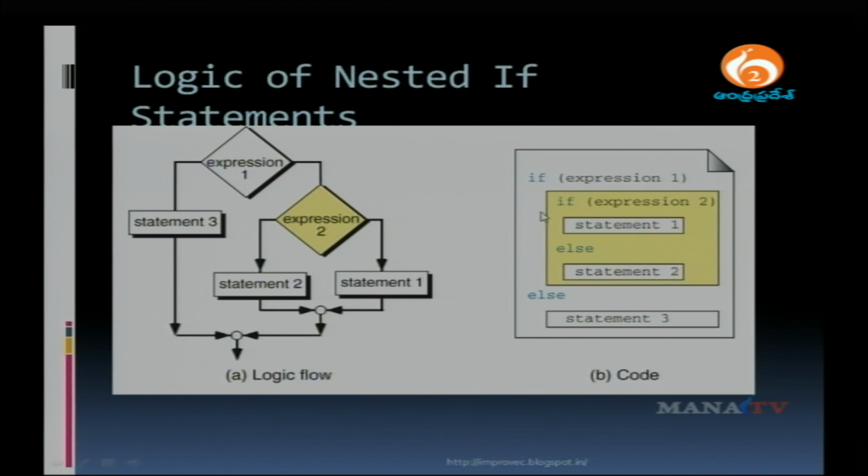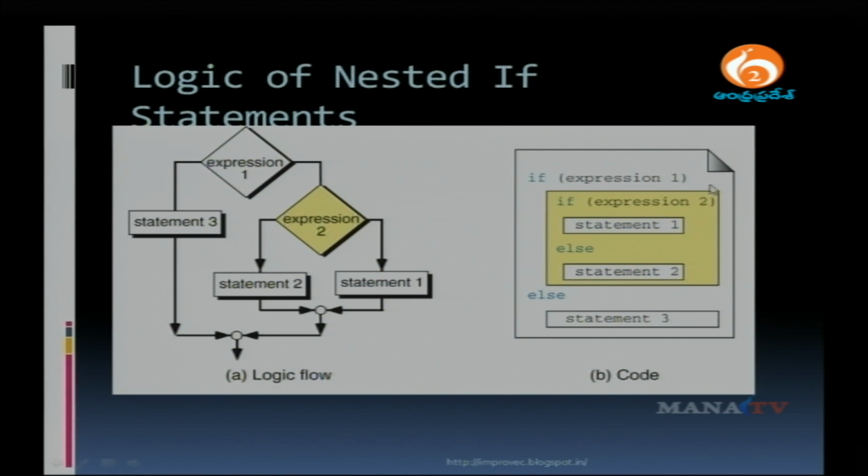Now, you can check here. If expression 1 is true, the control enters the body of the outer if condition. The first if condition is called the outer if, and whatever you write inside another if condition is called the inner if. This total is called nested if.